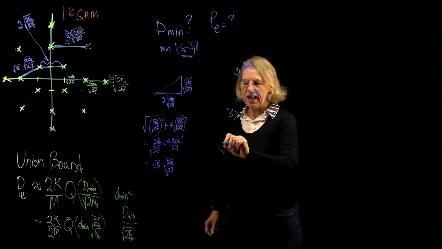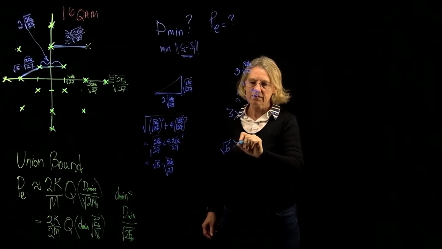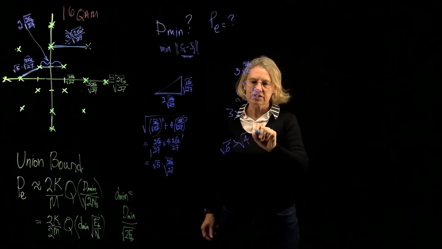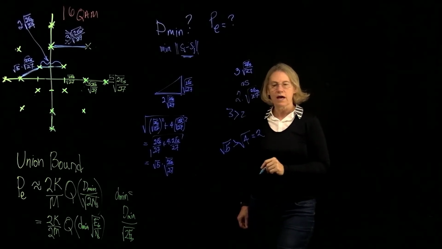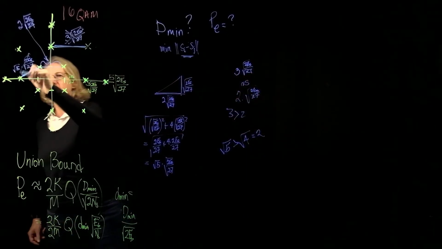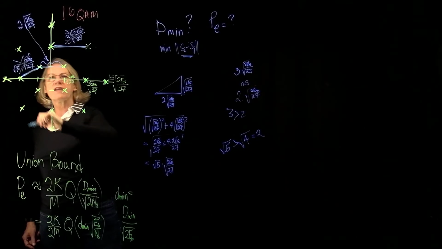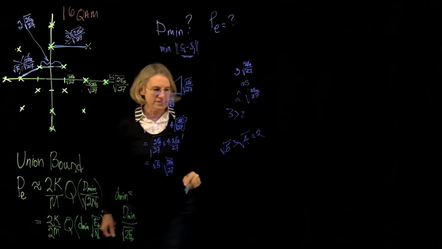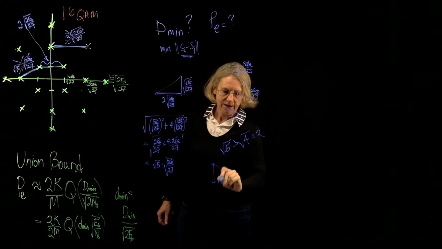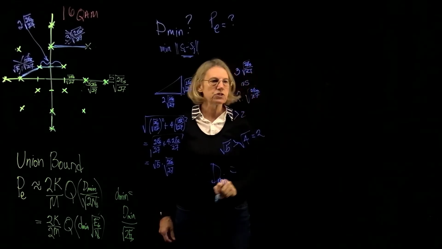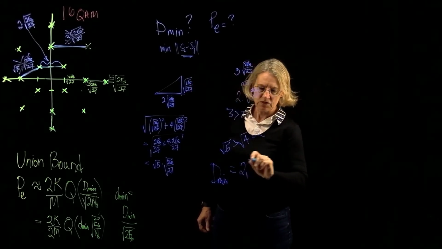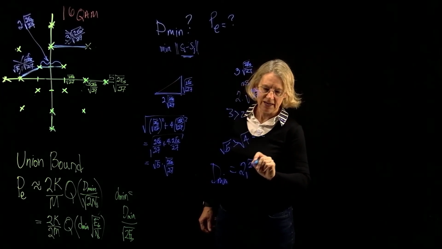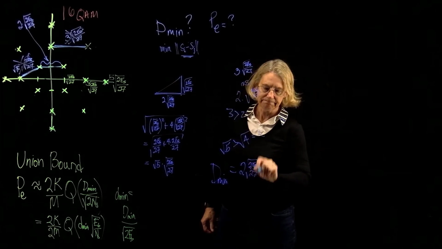And the square root of 5, well, it's certainly bigger than the square root of 4, which is equal to 2. So I know that this distance also is not the minimum distance. So that leaves me with a clear choice that Dmin is equal to 2 times the square root of 2ES over 27.